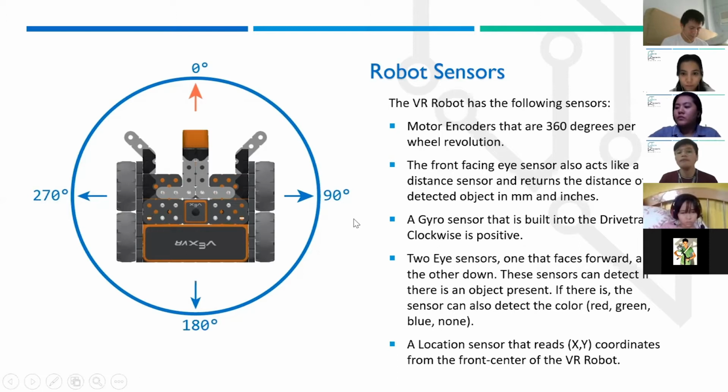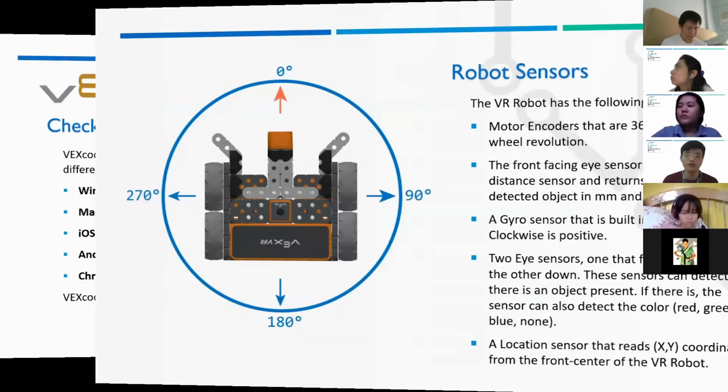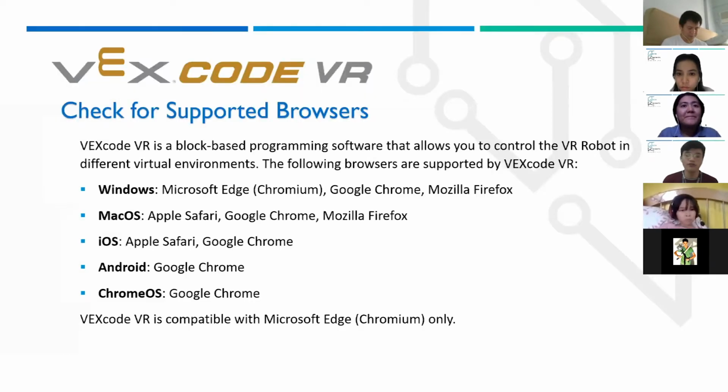So let's proceed. First things first: VexCode requires a supported browser. If you're using Windows computers, make sure you have installed Microsoft Edge, in the Chromium version. If it is the basic version, it won't be able to launch your VR.